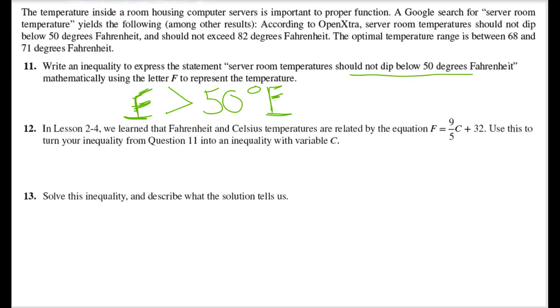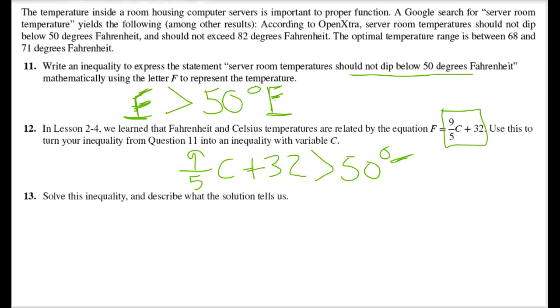And so I'm going to take this expression, which is equal to F, and I'm going to plug it in for F. So now I want 9/5 C plus 32 to be greater than 50 degrees Fahrenheit. Restart the video once you've answered question 13.